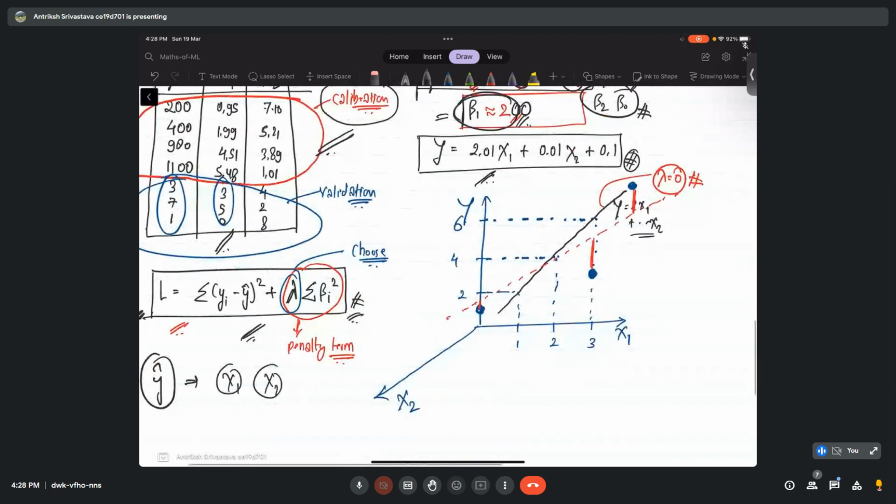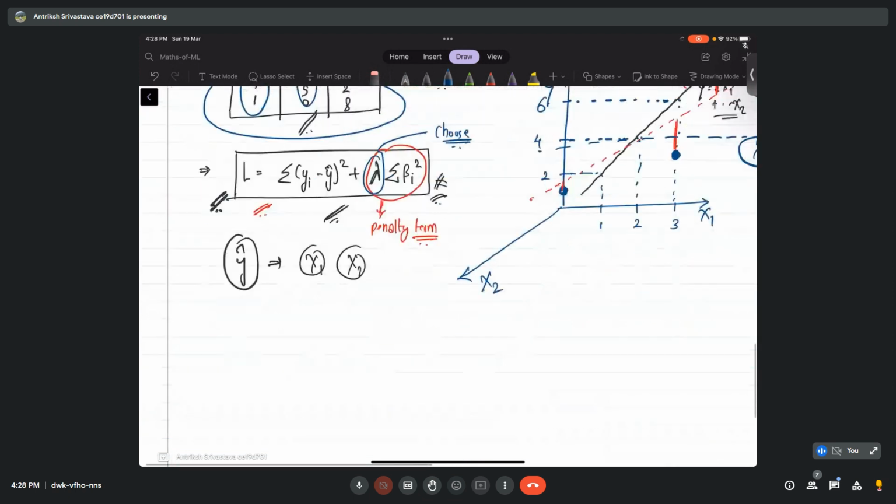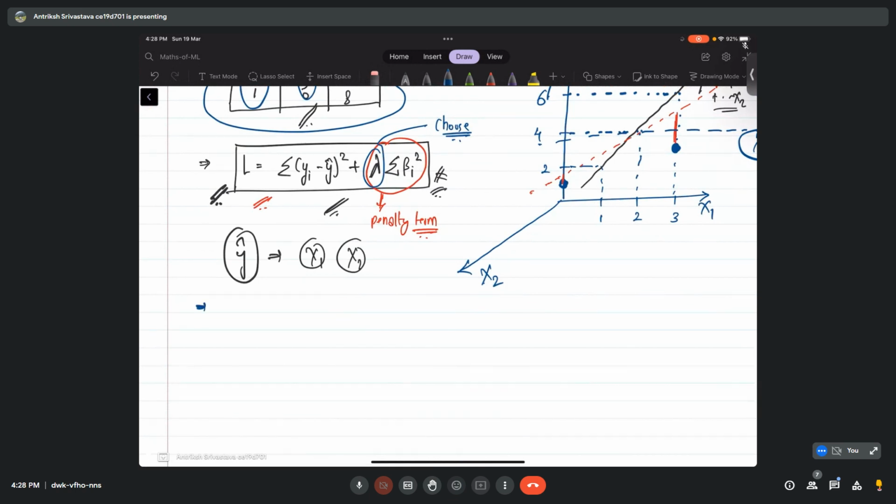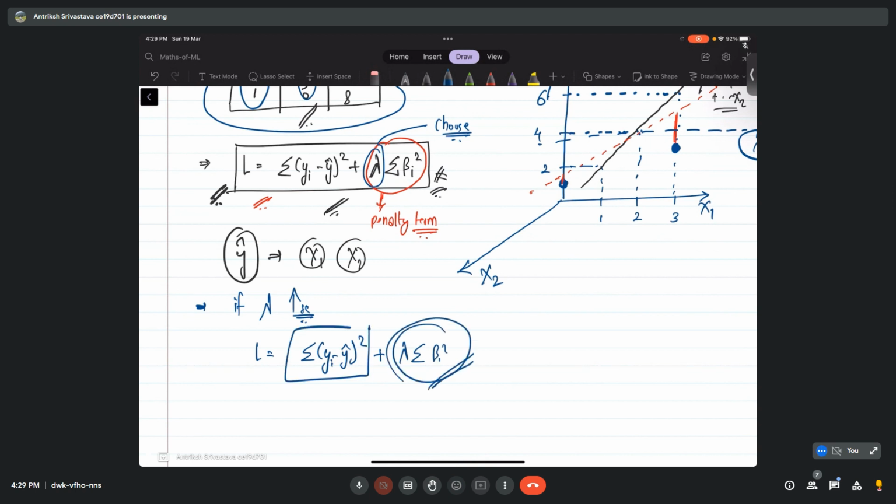And you can try different values of lambda. So let's say lambda 1 is equal to 2, and you can try a different lambda equal to 5, right? So one thing also to note here is that if lambda is very high, then in that case your loss function will be governed by this term rather than this, which you actually want to minimize.